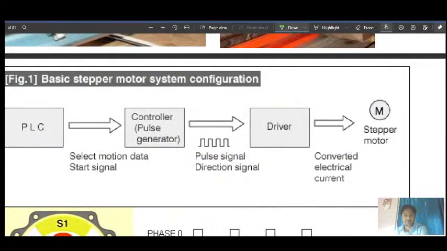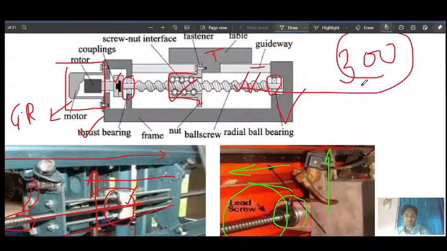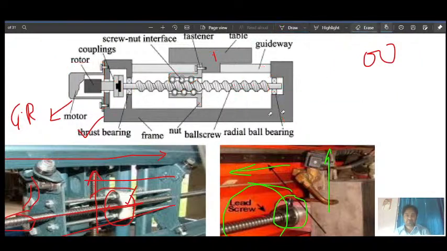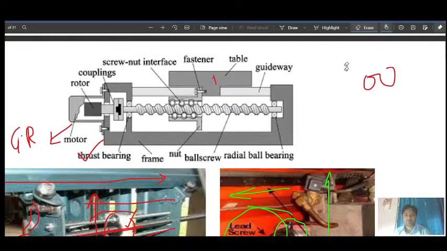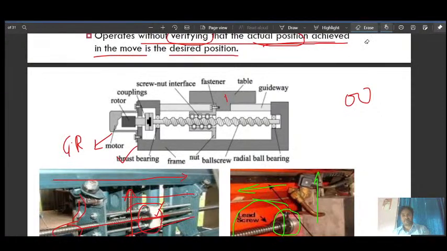So in that video, what I showed you, this part, we have this screw nut interference, and if you remember, there was an arrangement like this at the top, so it takes the screw ball from one side and delivers it to the other side.